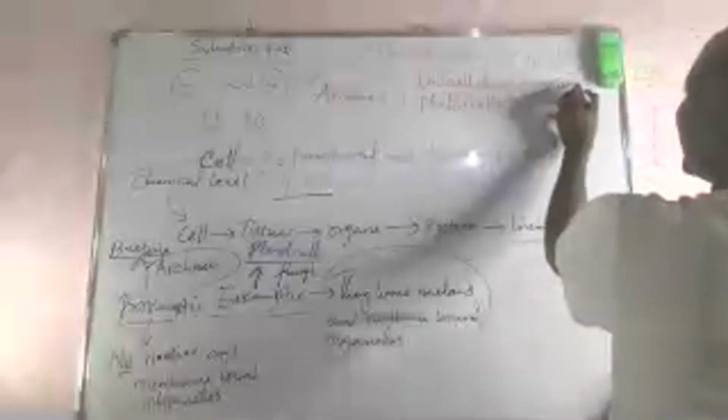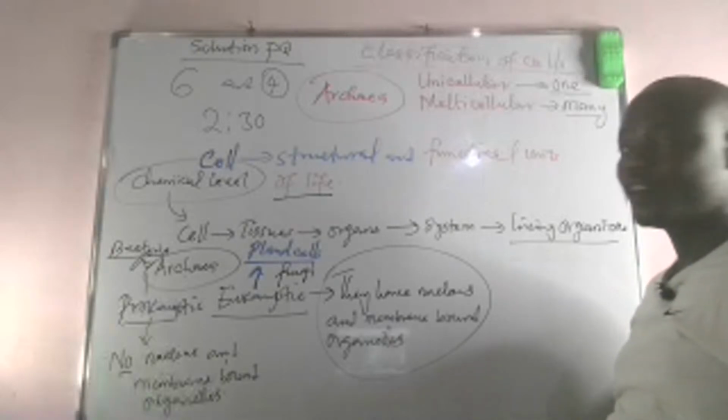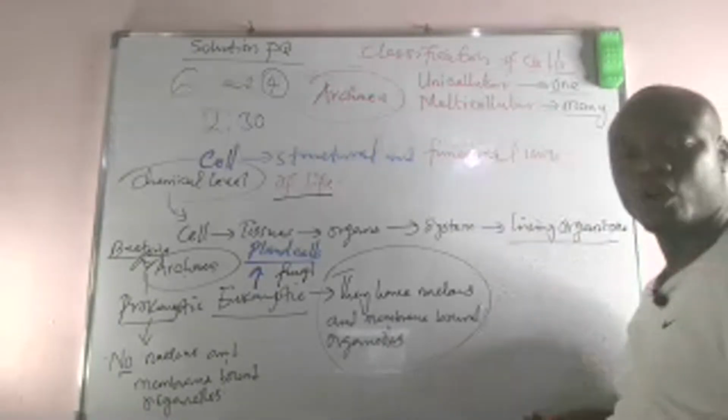From the word unicellular, it means they have one cell. And multicellular means they have many cells. So these are the two classifications of cells.